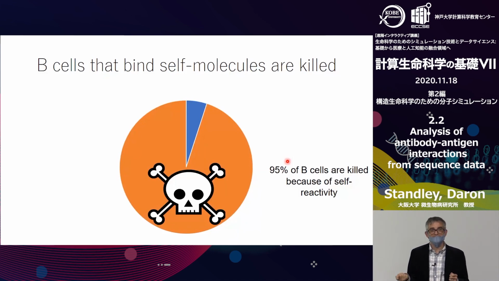That's because they will attack you and you'll have autoimmune disease like rheumatoid arthritis or lupus or vasculitis, lots of diseases that are caused by antibodies targeting your own tissues. So the body is very, very strict about removing potentially harmful antibodies, and that results in at least 95% of them being killed before they ever leave the niche where they are first developing inside your bones, okay?